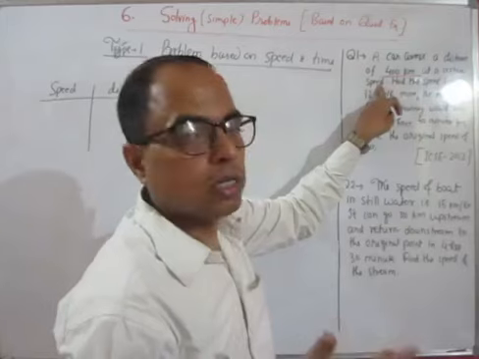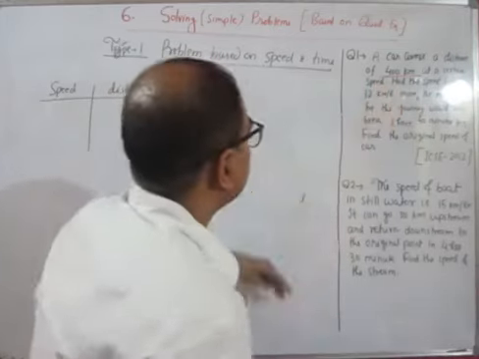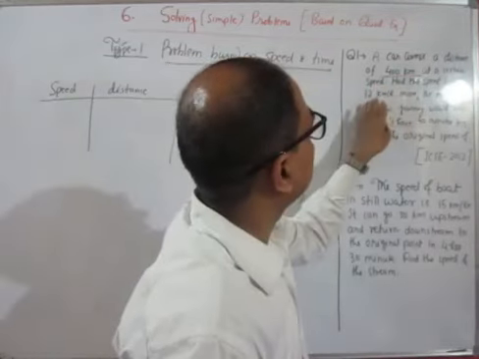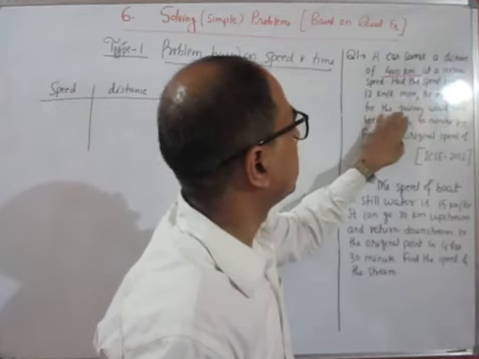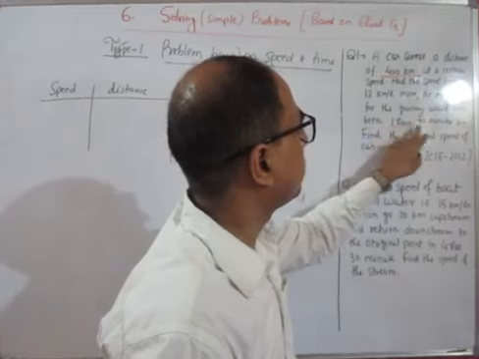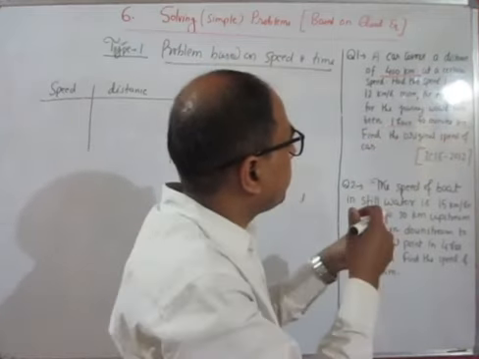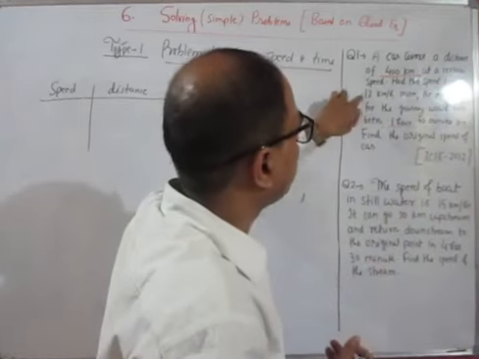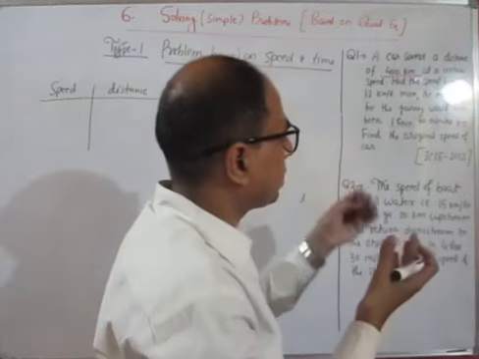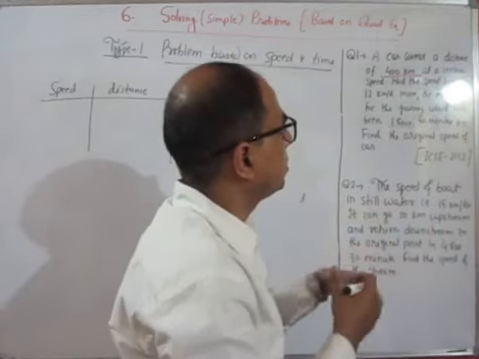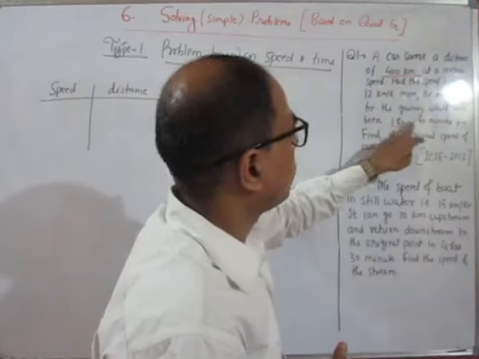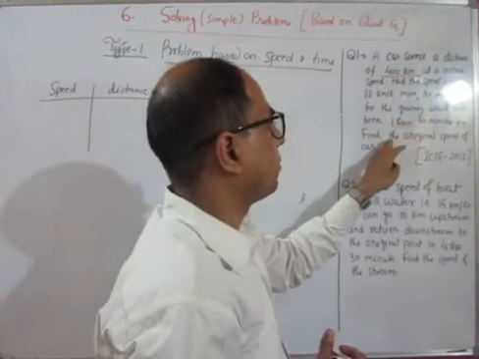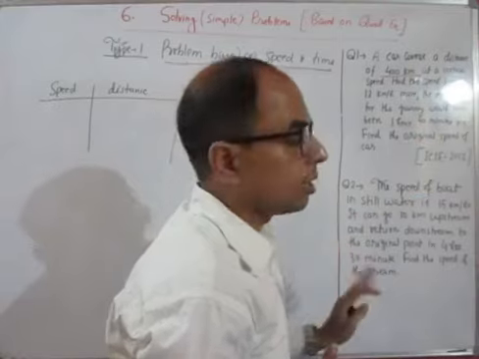So we do not know the original speed of the car. Had the speed been 12 km per hour more, the time taken for the journey would have been 1 hour 40 minutes less. So if the speed of the car is increased by 12 km per hour, then the time taken to cover the same distance will decrease by 1 hour 40 minutes. So we have to find the original speed of the car.